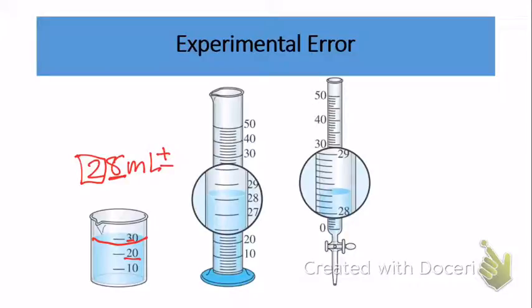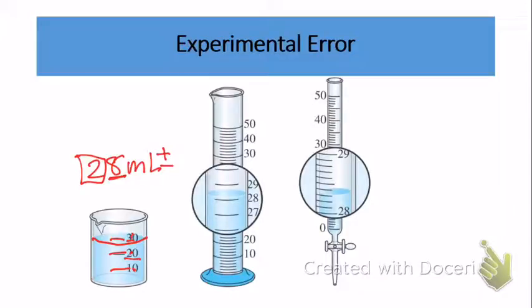Well, according to the fact that this is an analog instrument, what we have to do is take half of the smallest hash mark. So these are the only hash marks there are, and it looks like they're going up by 10. So what we have to do is take half of 10, since we're going up by 10, 20, 30.